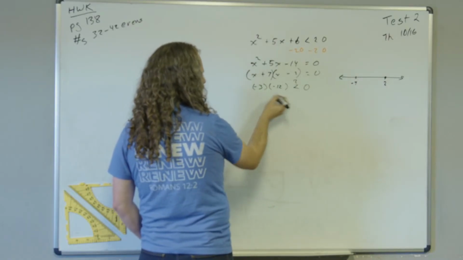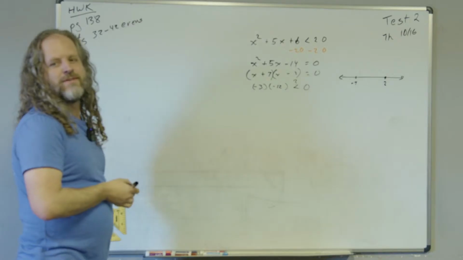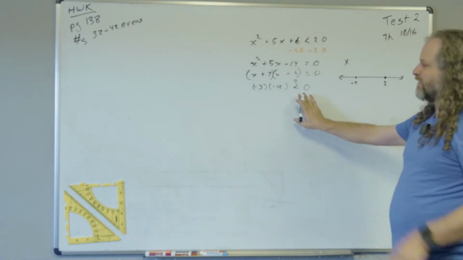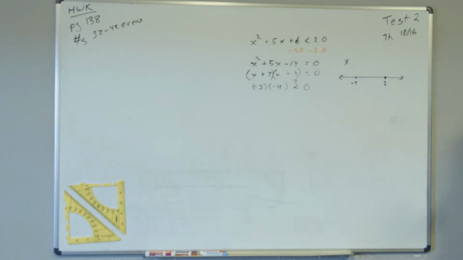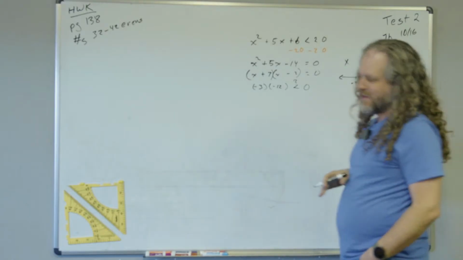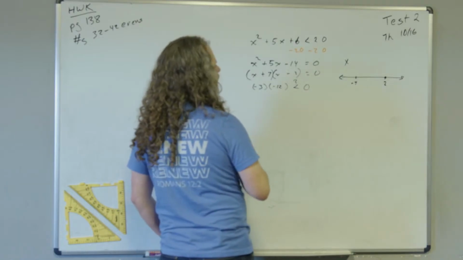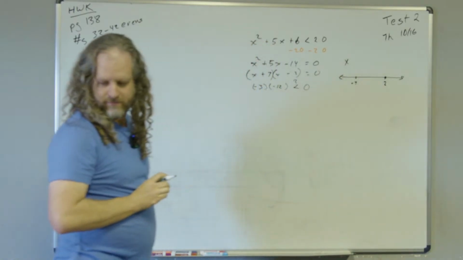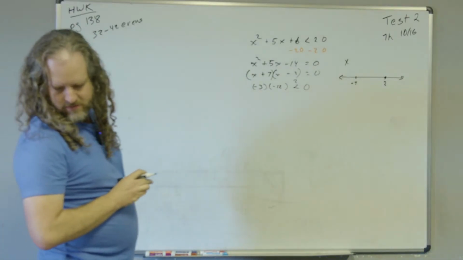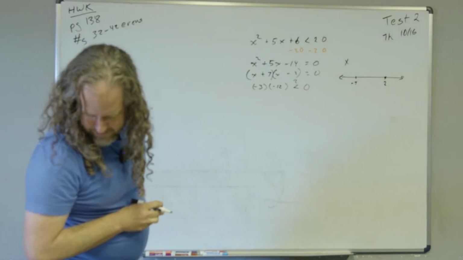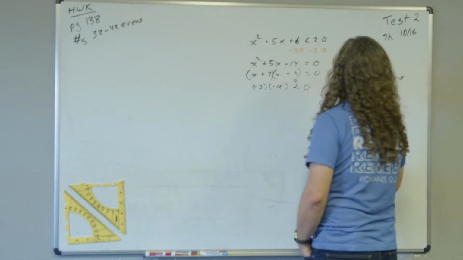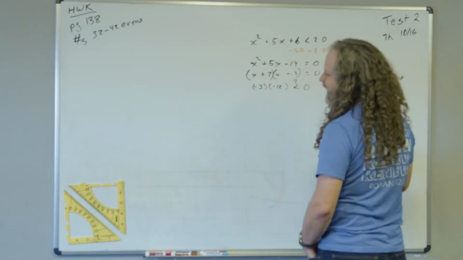Positive is what we're going to get, so no. Because we're dealing with greater than, less than, sometimes that can be an easy thing to look at. We don't even have to do all the things. So that section doesn't work. What about this section? 0. 7 times -2, that's -14. So that works, it's negative.